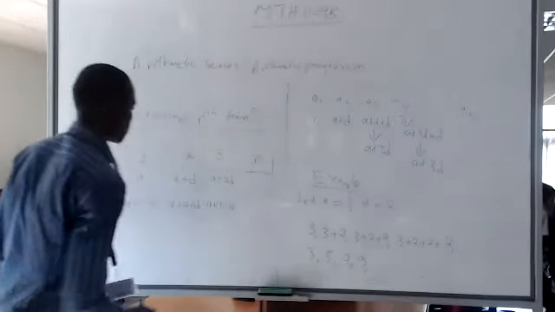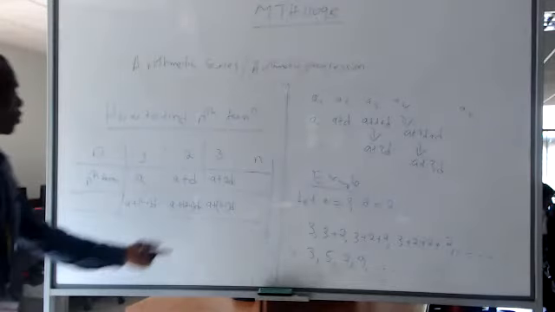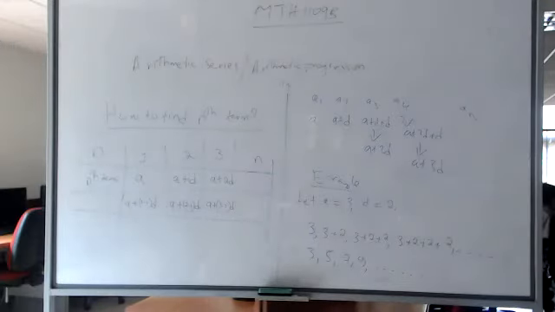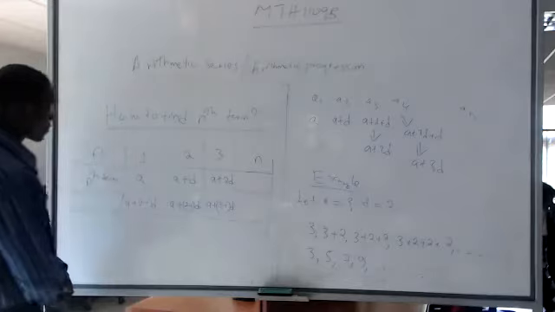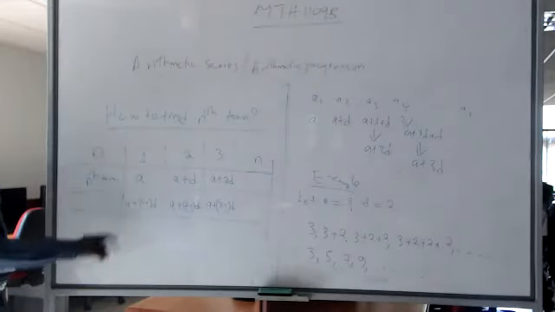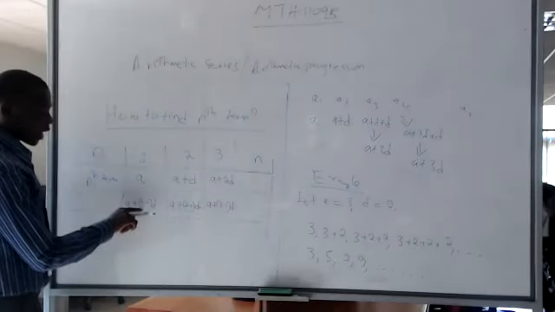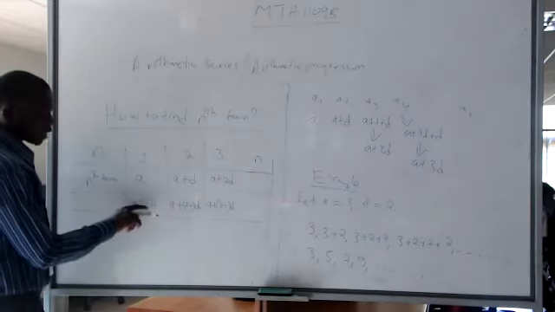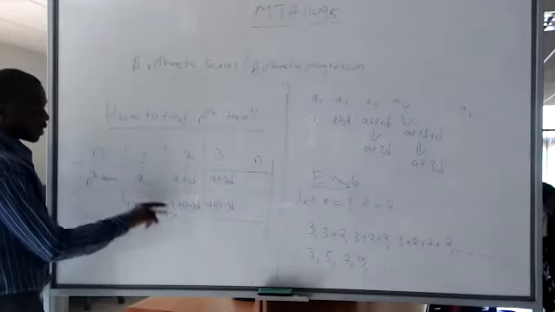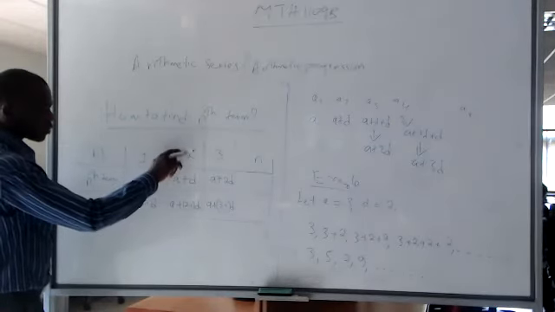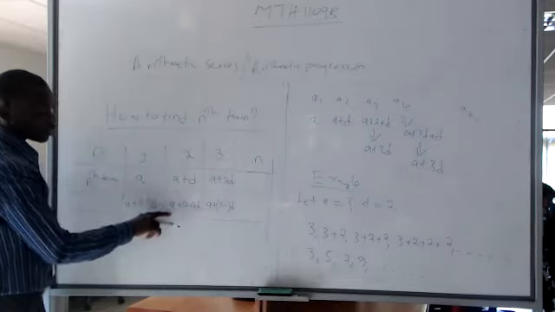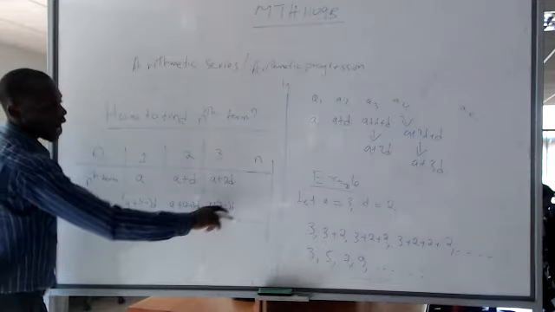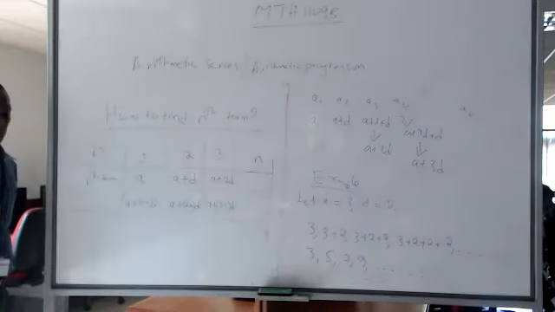So what will we have at n, going by this pattern that seems to appear? In each and every term, I subtract 1 from the position, multiply by D, and then add to A. Here the first term, subtract 1 from 1, multiply by D, add to A, gives me A. Here, second, subtract 1 from 2, multiply by D, add to A. Here, third position, subtract 1 from 3, multiply by D, add to A. How about when we are at position n?